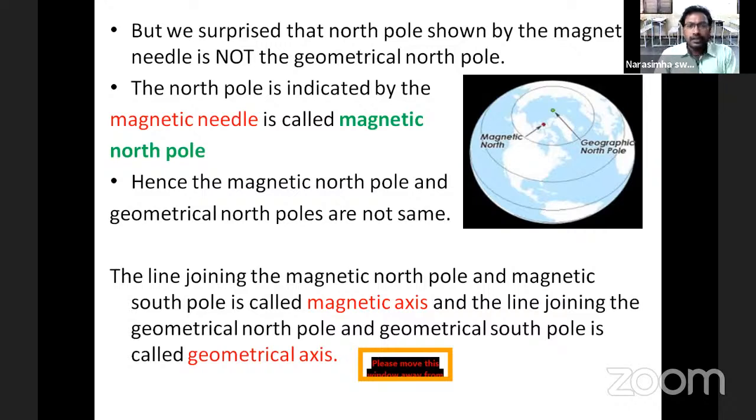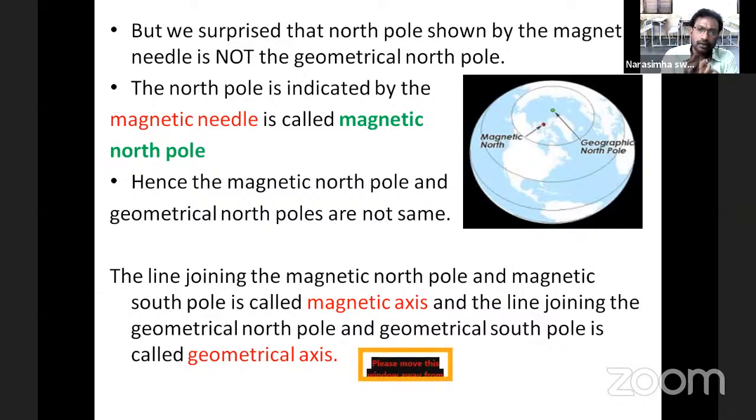Now look at this. We suppose that the north pole shown by the magnetic needle is not the geometrical north pole. You hold the magnetic compass and it shows the north pole, but the geometrical north pole is different.